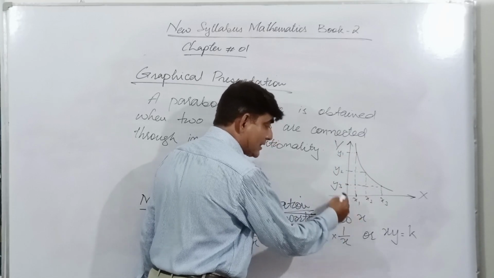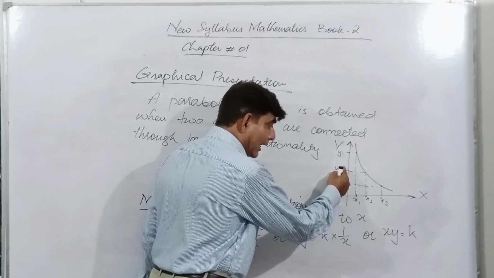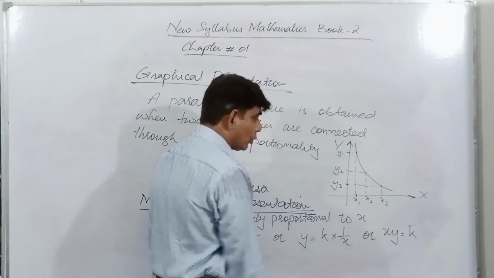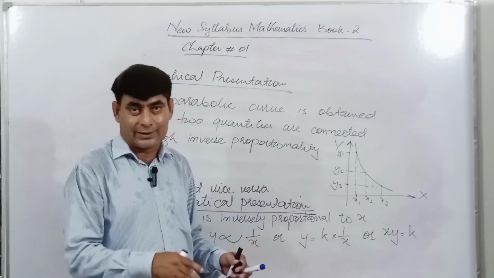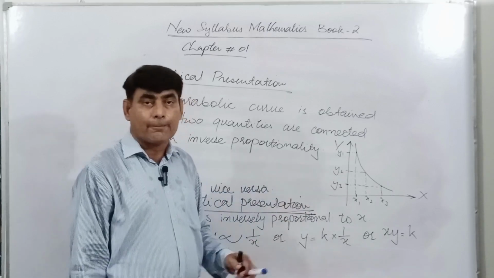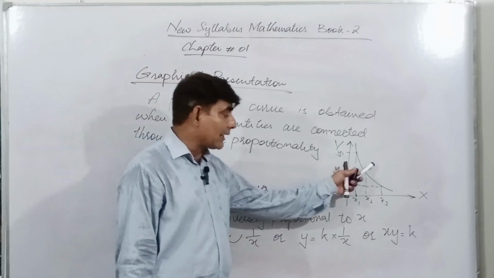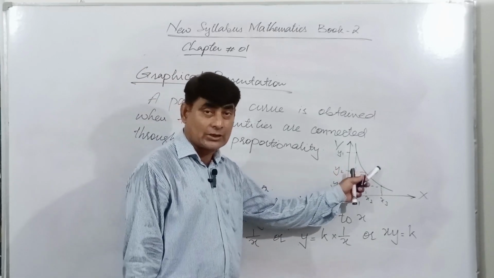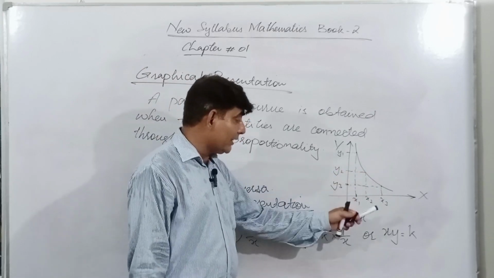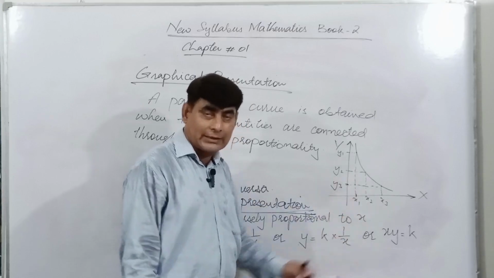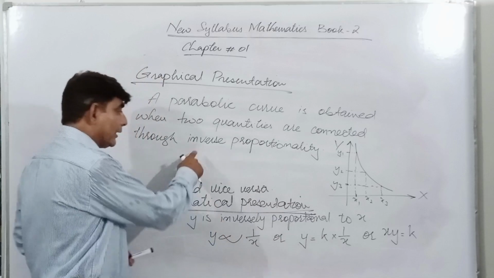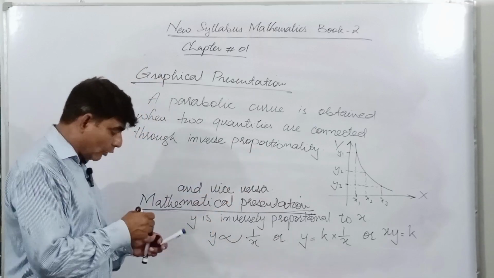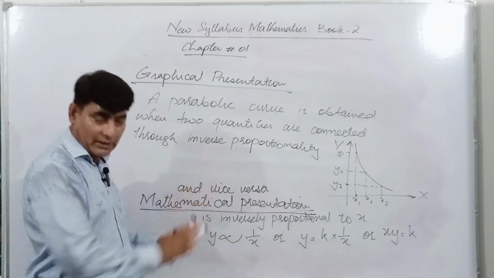If we increase the value of y, x decreases. So one of them decreases on increasing the other one. This is inverse proportionality, and this is the graph. This is the sketch of a relation when two quantities are interconnected through inverse proportionality. We always draw the same graph.